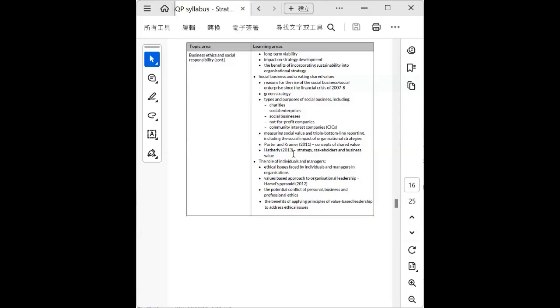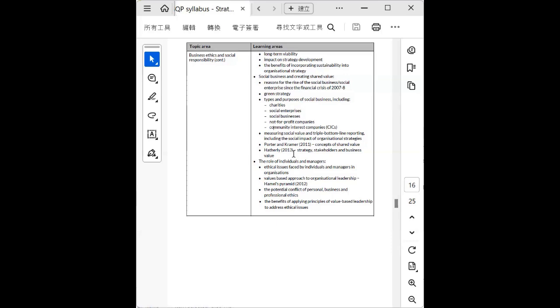Whereas Hathaway's emphasis is a bit different. Hathaway emphasized that strategy must be aligned with stakeholders' expectations in order to create sustainable business value. He argues that stakeholder engagement is not just ethical, but actually strategic.